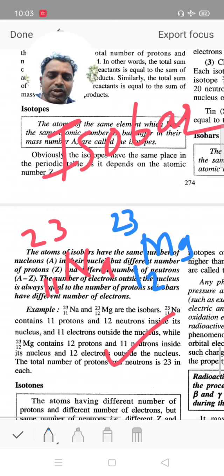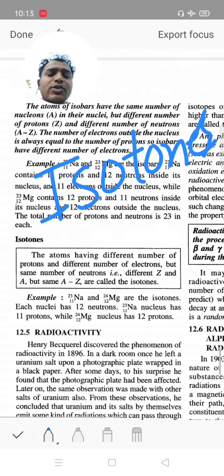Now next, students, isotone. Isotones are atoms having the same number of neutrons. It does not matter whether the atomic number or mass number is the same; we need only the same number of neutrons, then it is an example of isotone.